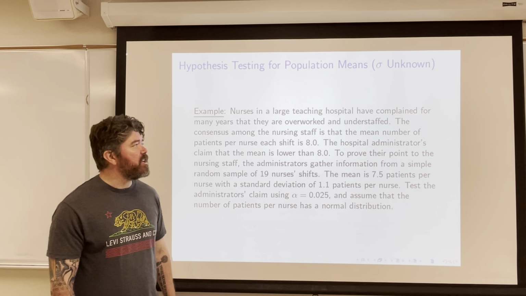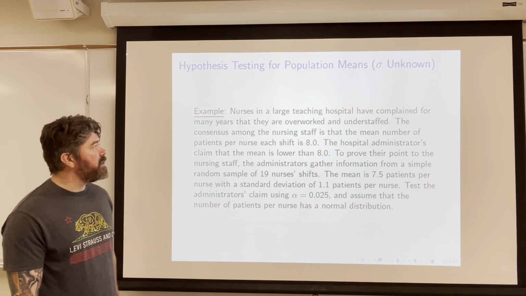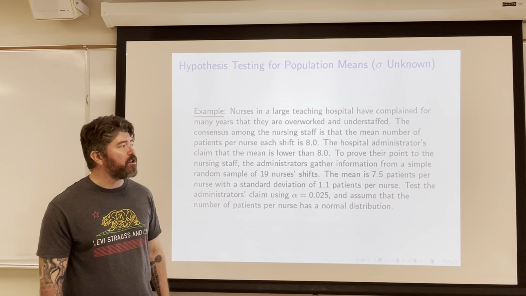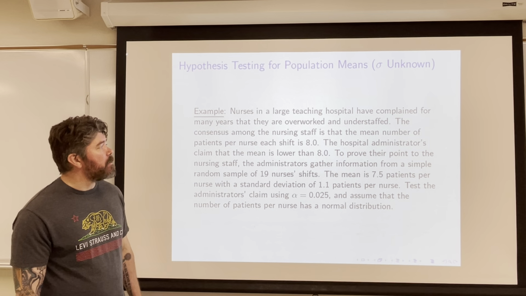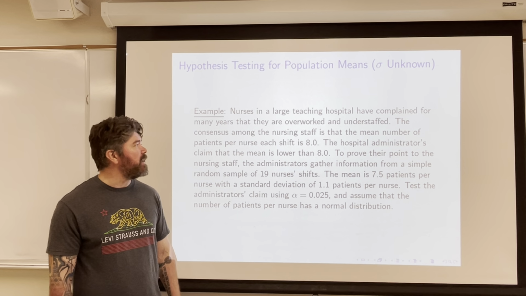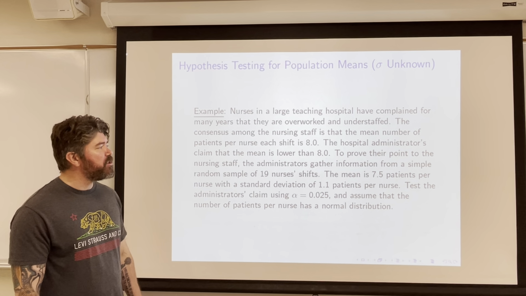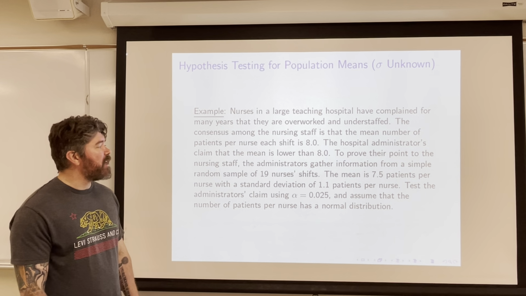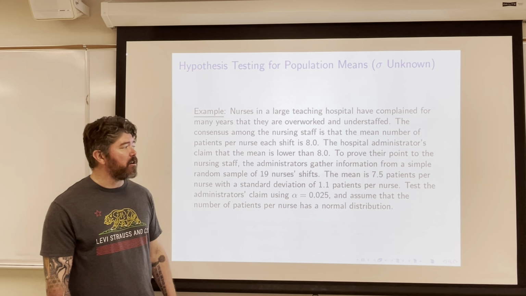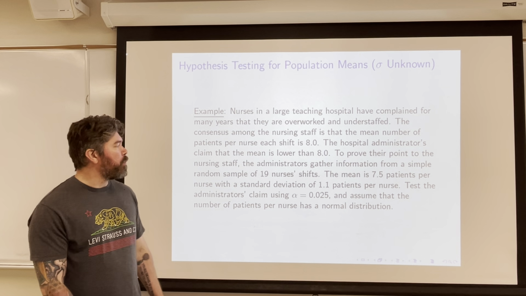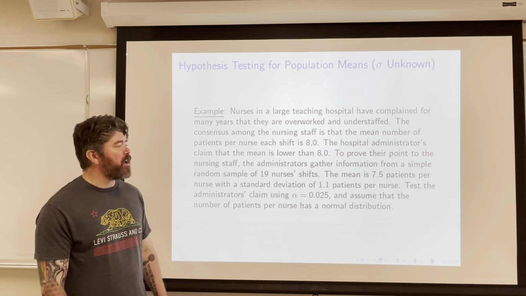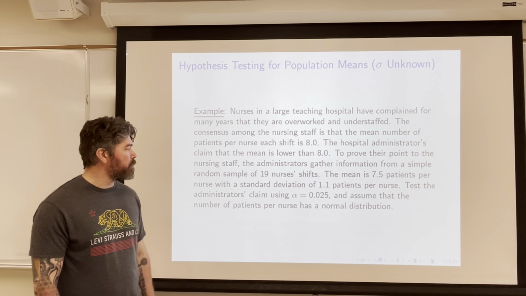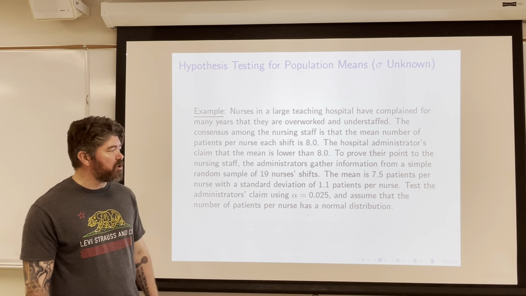Nurses in a large teaching hospital have complained for many years that they are overworked and understaffed. The consensus among the nursing staff is that the mean number of patients per nurse each shift is 8.0. The hospital administrators claim that the mean is lower than 8.0. To prove their point to the nursing staff, the administrators gather information from a simple random sample of 19 nurses' shifts.